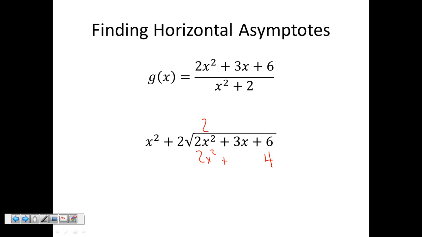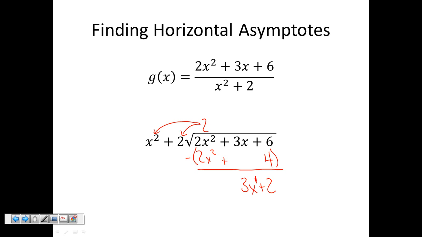Now, I stop. Why do I stop here? Because now this degree, which happens to be 1, is less than the degree that I'm dividing by. I'm dividing by an x squared. So as soon as my degree that I'm working with becomes less than, not less than or equal to, as soon as it becomes less than the degree that I'm dividing by, I stop.